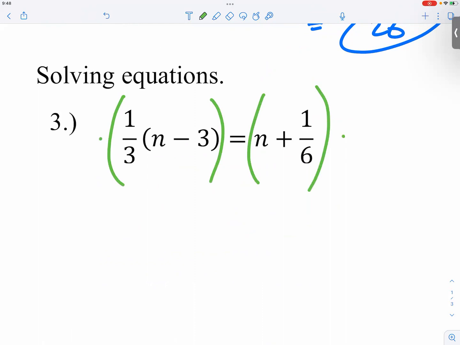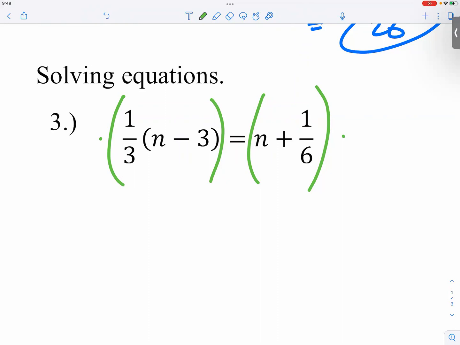I want you to know that you don't like fractions. That means the real thing that you hate is not the fraction, it's the denominator. You hate denominators. So your job would be to get rid of the denominators.